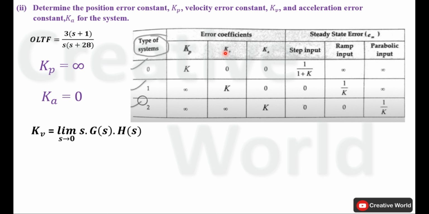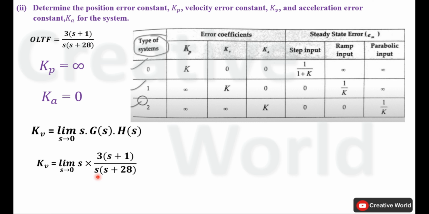Now we will calculate Kv, the velocity error constant. For the calculation of the velocity error constant, we will use this formula in which we multiply s with the open loop transfer function and apply the limit as s approaches 0. So place the open loop transfer function value inside this formula, that is 3 into (s plus 1) divided by s into (s plus 28).